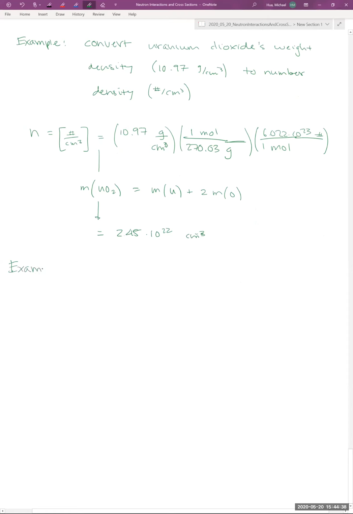So the next example is if uranium dioxide's total microscopic cross-section is 2,286 barns, what is the total macroscopic cross-section?